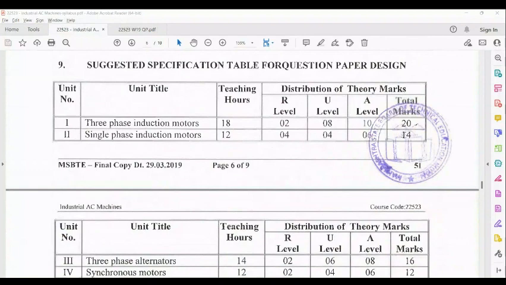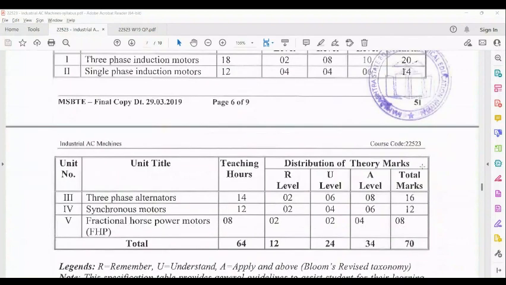After that, three-phase alternators for 16 marks, and number 4 synchronous motors for 12 marks, and unit number 5 for 8 marks.